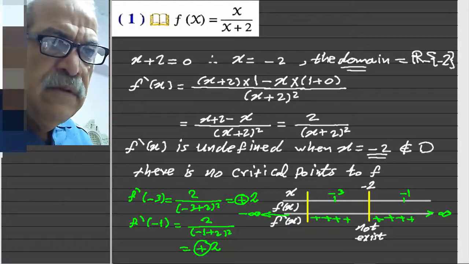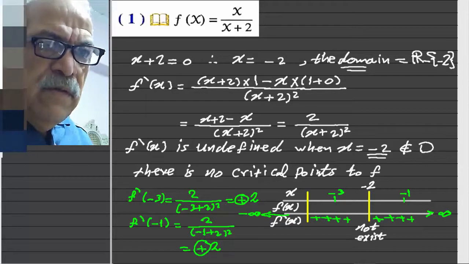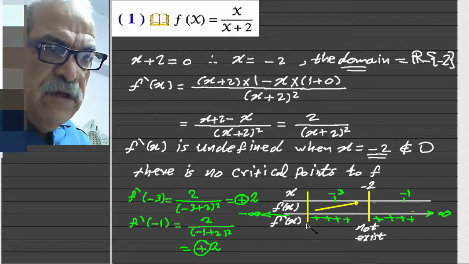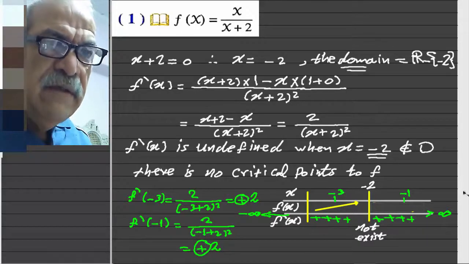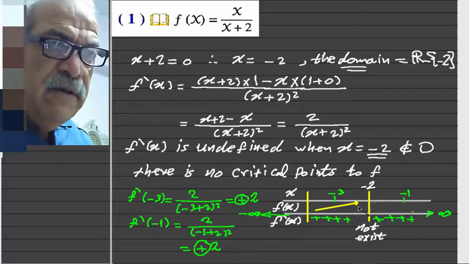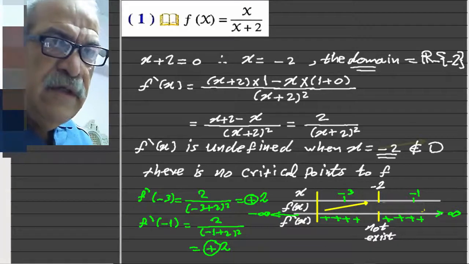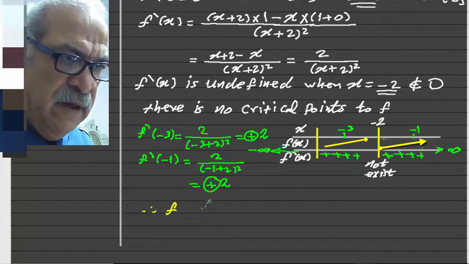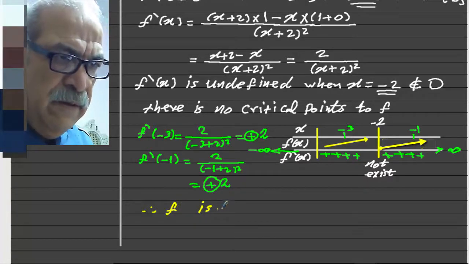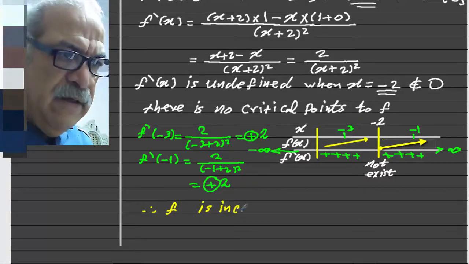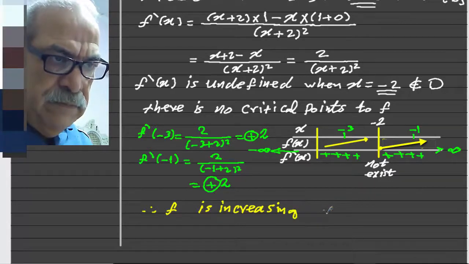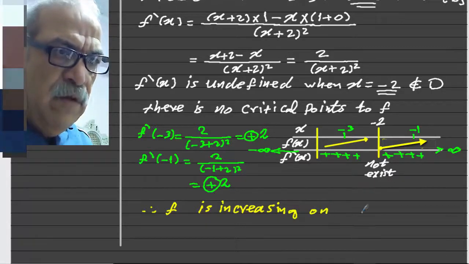And now we put some arrows. You can say the function is increasing here in this interval, and we write it. So f of x is increasing on the two intervals.